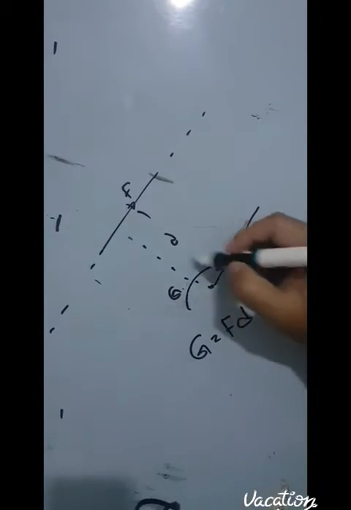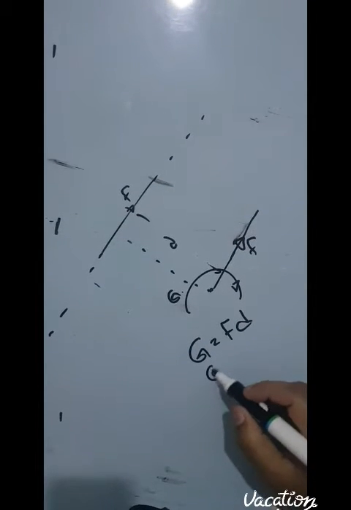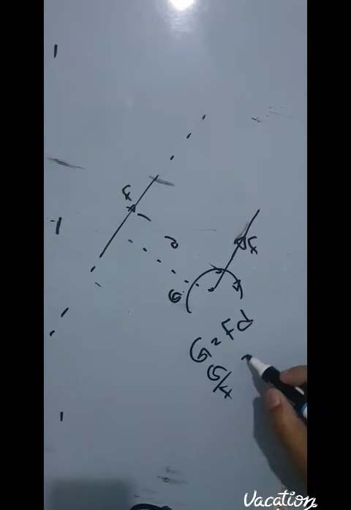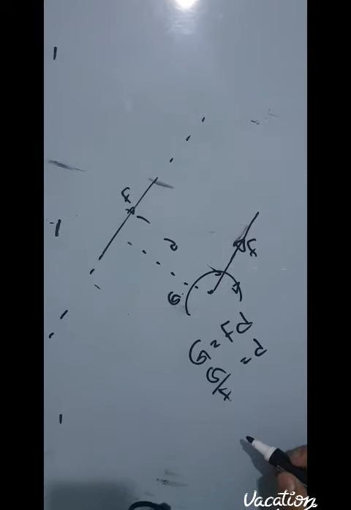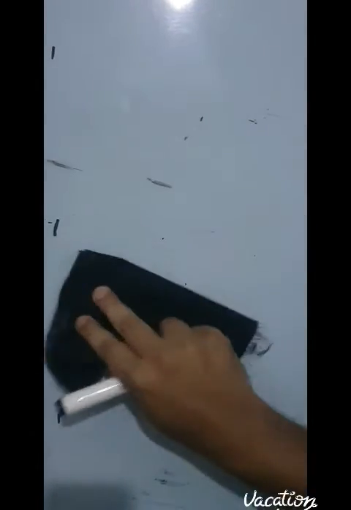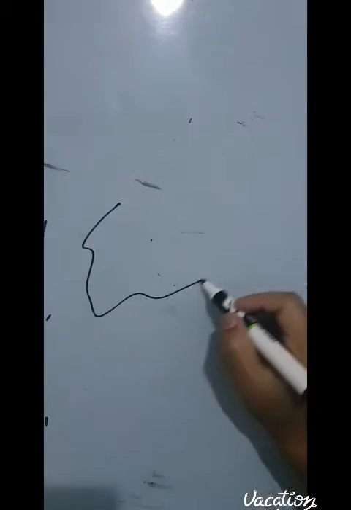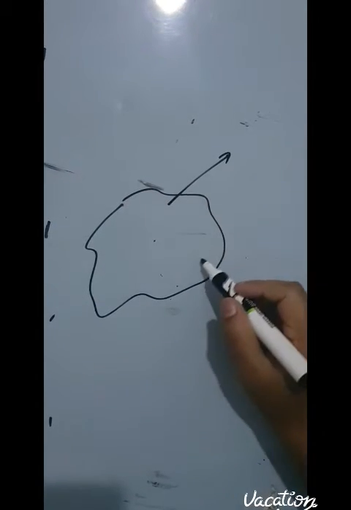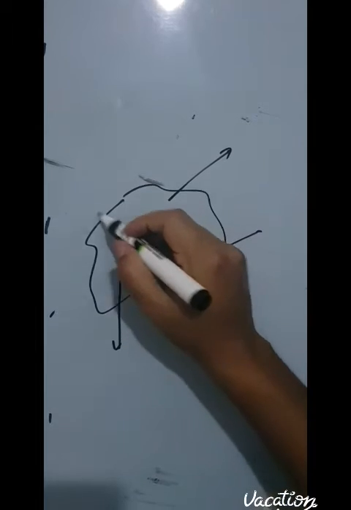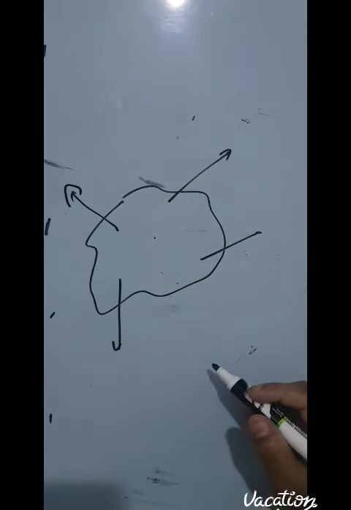So how do you find the distance? G divided by F equals d. This is the necessary distance you want. Now the most important thing about this is that when you're talking about rigid bodies, you know that the forces can be applied at any point, so they don't meet at a single point.